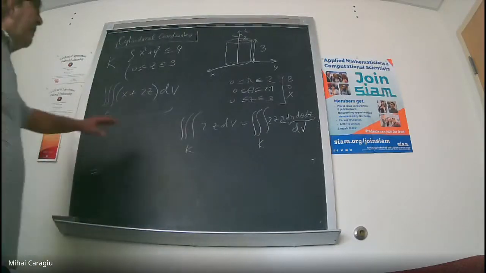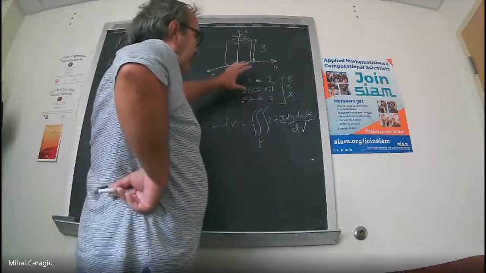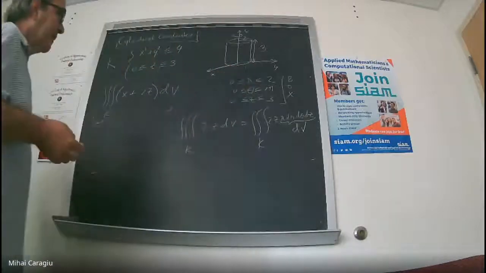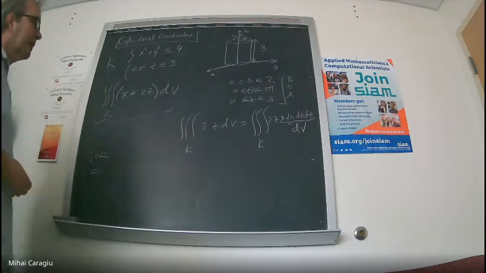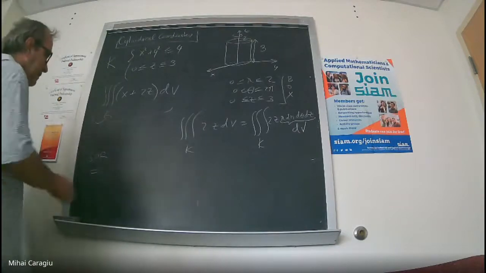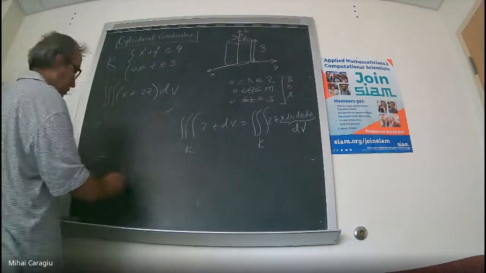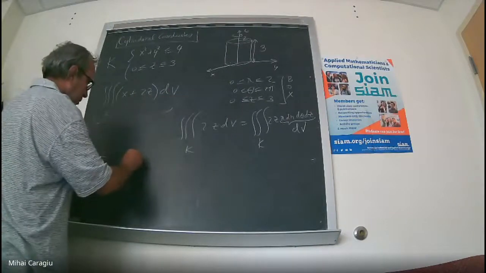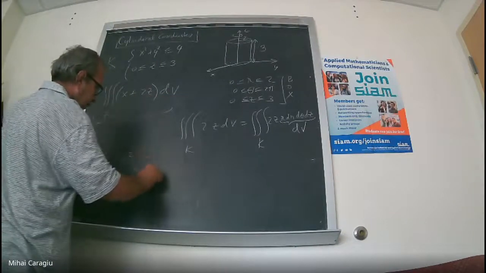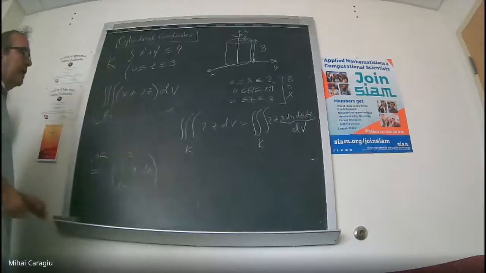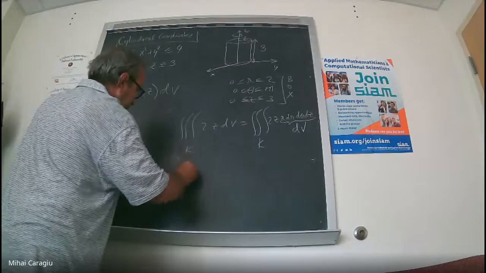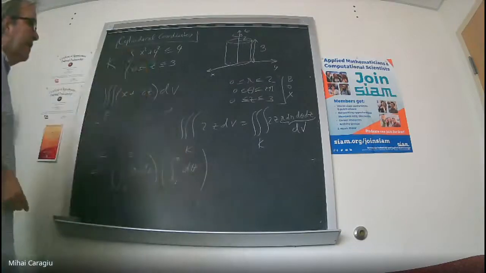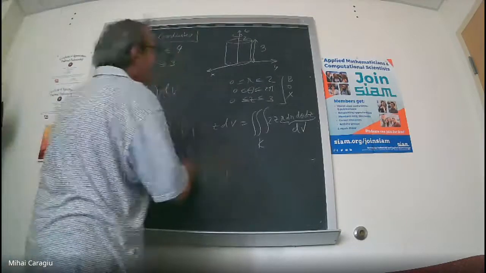Because the domain of integration is a box in cylindrical coordinates, we use the separable over rectangles paradigm, SOR. So we get the r integral from 0 to 2 of r dr, the theta integral from 0 to 2 pi of d theta, the z integral from 0 to 3 of 2z dz.